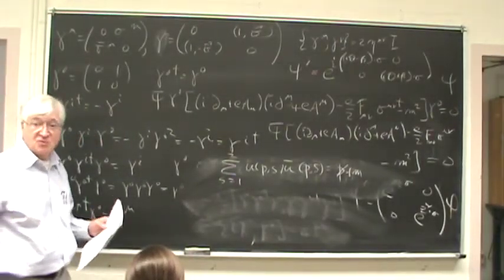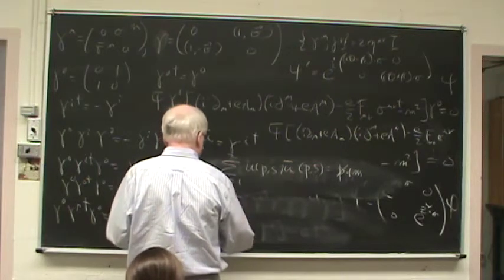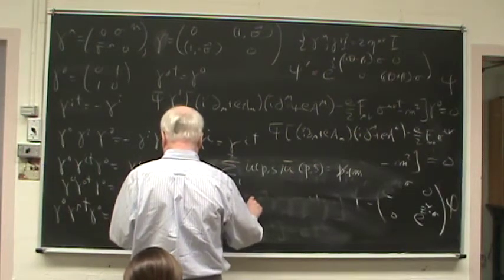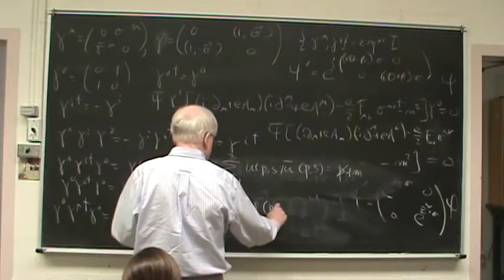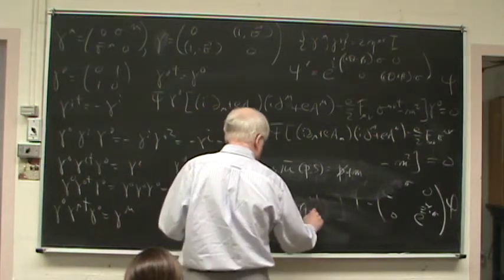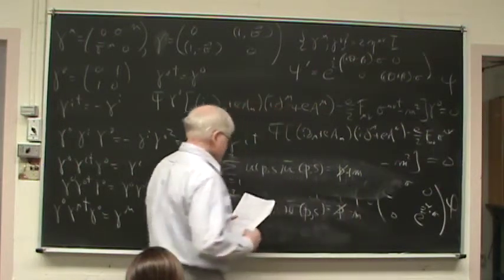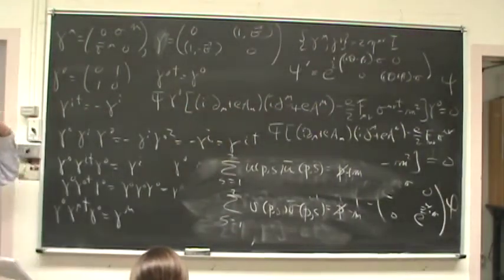P slash being P mu gamma mu, with one index up, one index down. And the sum, S equals 1 to 2, V of P and S, V bar of P and S is P slash minus M. So those are quite nice expressions, I think.